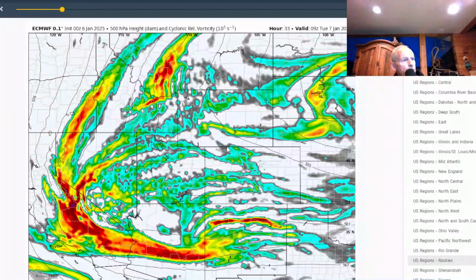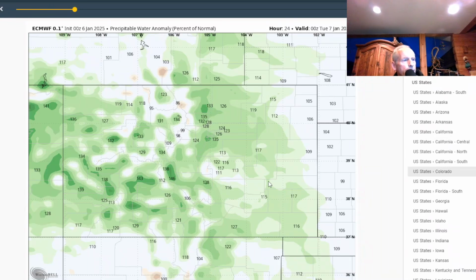Let's go ahead and go to 2 a.m. Once again, the big blob of good energy is well to our west and southwest. Here, though, we still have some energy that comes out of Utah and drifts across Colorado late day and during the night.